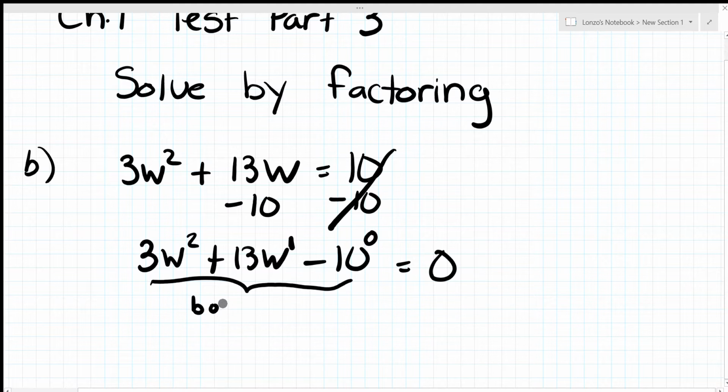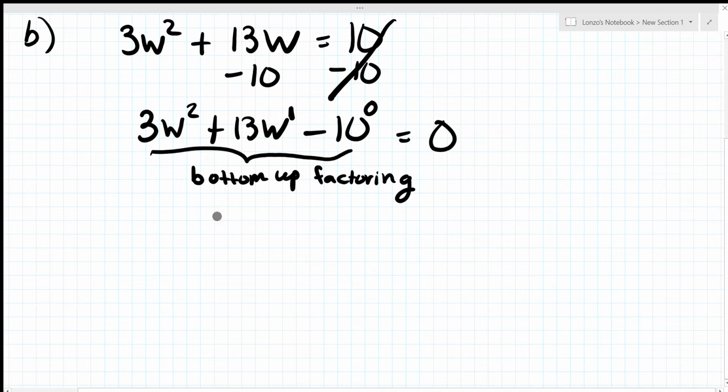It might work. So how do we do bottoms up factoring? You only do bottoms up factoring when there's a coefficient in front of the highest degree. That coefficient is 3. So how you do it is, for right now, you ignore the 3 in front.